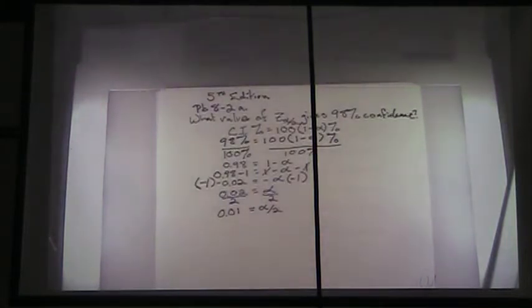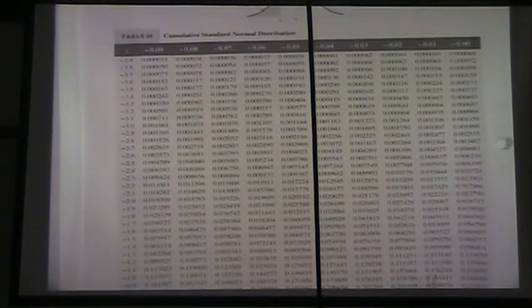All right, so that 0.01 is a probability that is equal to alpha divided by 2. So I take my standard normal distribution table, or Z table as we sometimes call it, and I am going to go hunting for 0.01 probability.